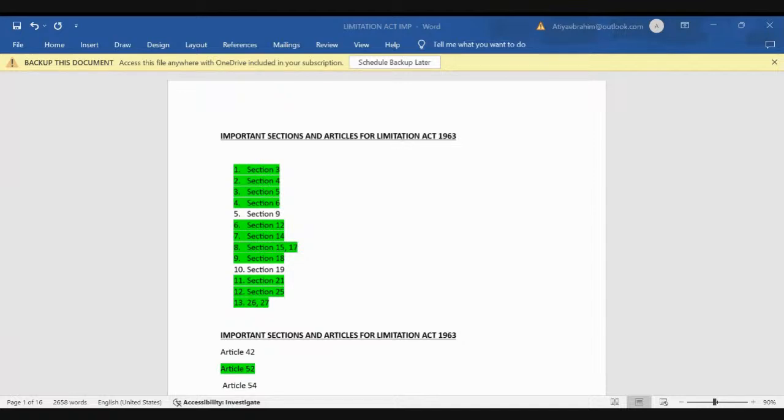Now these 14 sections are really important from these 32 sections. So please go through these 14 sections. I guess you all can quickly go through these 14 sections in one day only if you study properly for a day. Now come to the schedule part, and we will mark which are the important articles in the schedule.